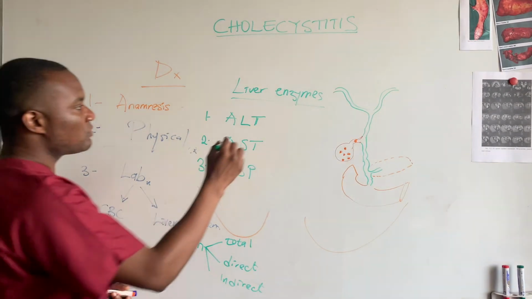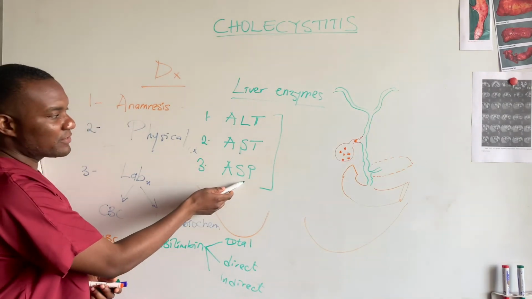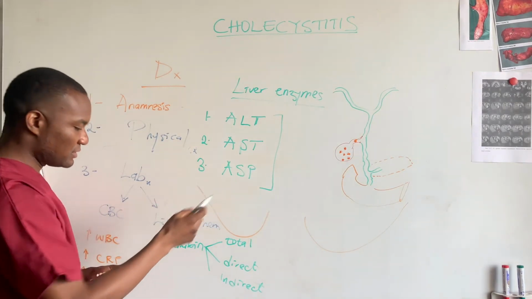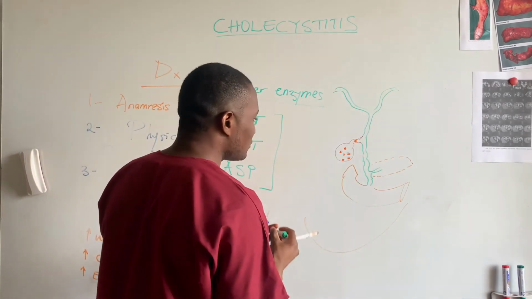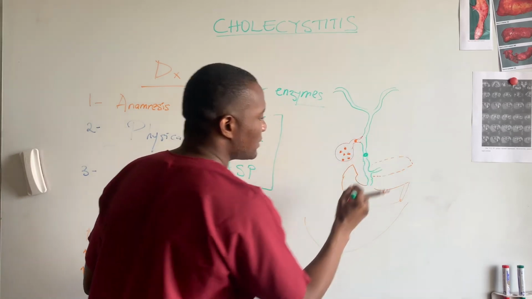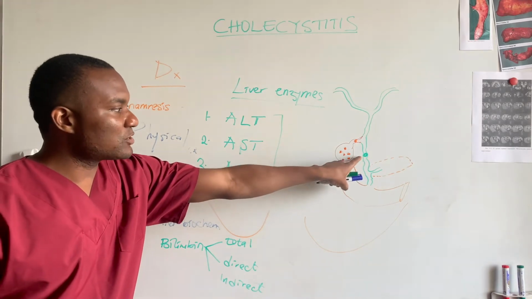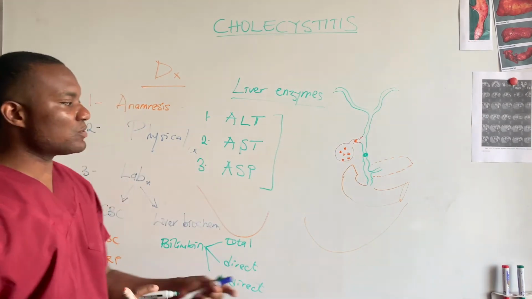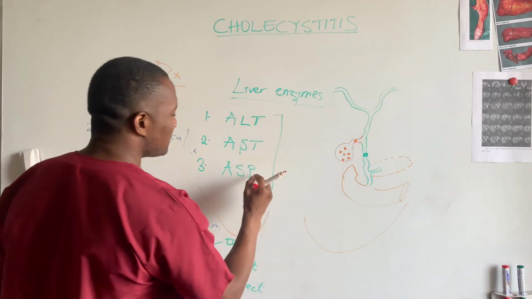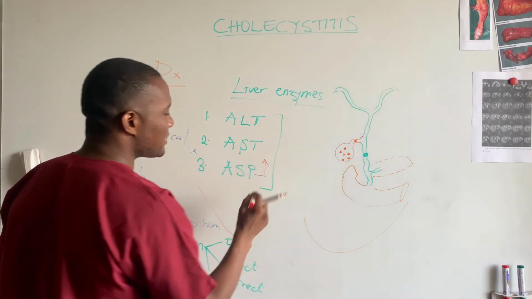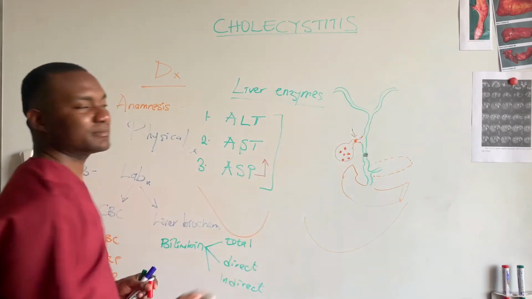Why are these enzymes important? If you have a significant increase in ALP, that indicates the presence of stone or the obstruction of the common bile duct. It can be due to the stone, or it can be due to a tumor or other causes. So a significant increase in ALP will point at the obstruction here, not necessarily here.